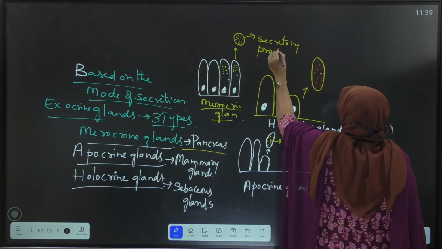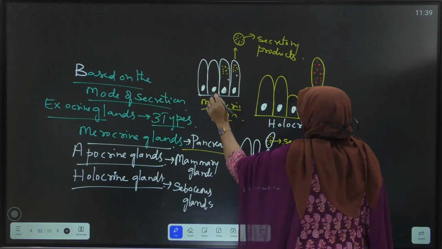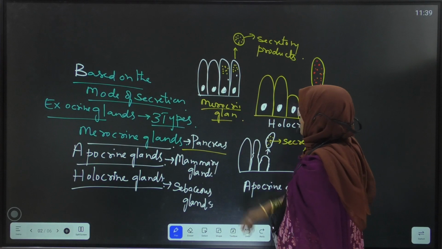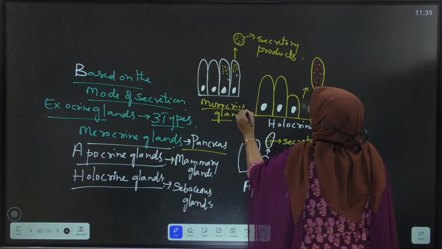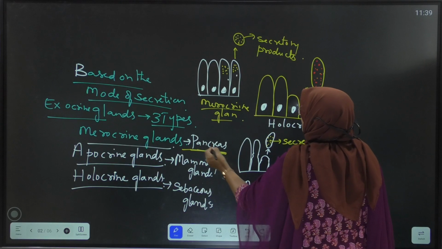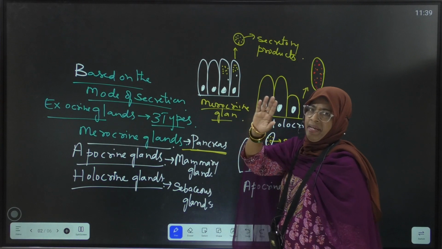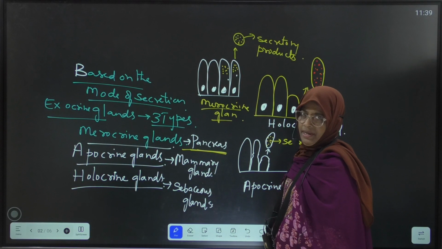This is called merocrine gland. An example for merocrine gland is pancreas. During the release of secretory product, there is no loss to the cellular material.